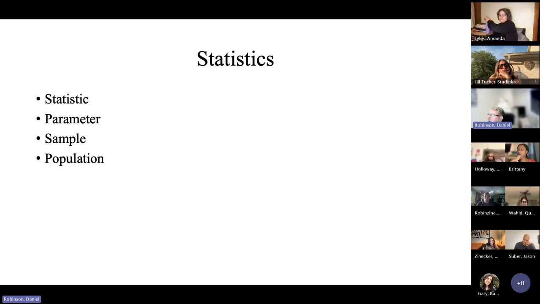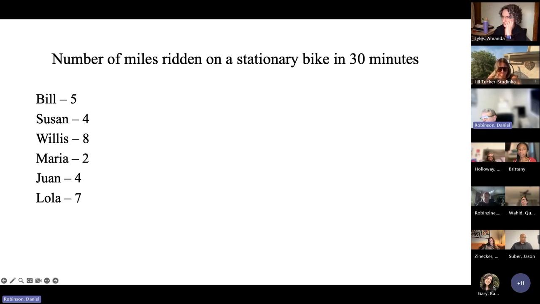Representative meaning I've got the same percentage of African Americans, I've got the same percentage of Asian Americans, and so on. So that statistic, parameter, sample, population, we'll be coming back to that a lot throughout this course, but those are important concepts to know.